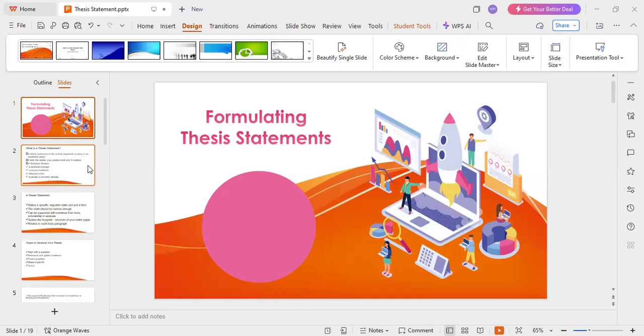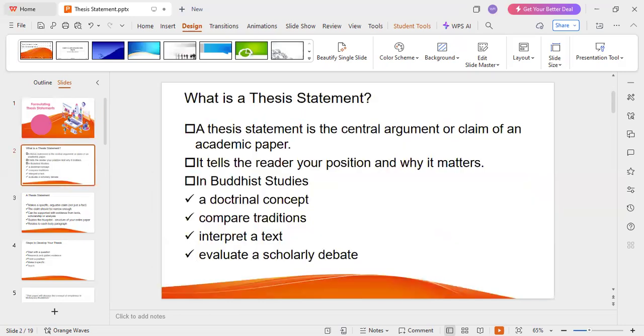So, first of all, we'll try to understand what a thesis statement is. I'm pretty sure most of you have written thesis statements, so we will do an in-depth engagement with this conception of a thesis statement. First, we need to understand what it does specifically.